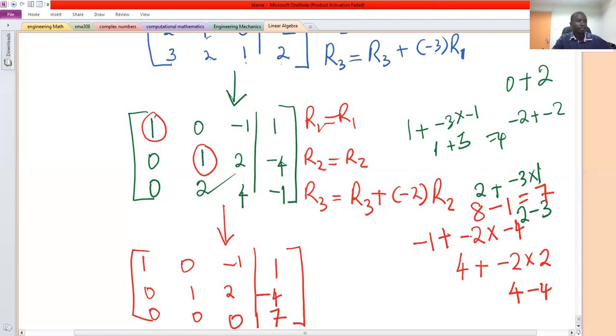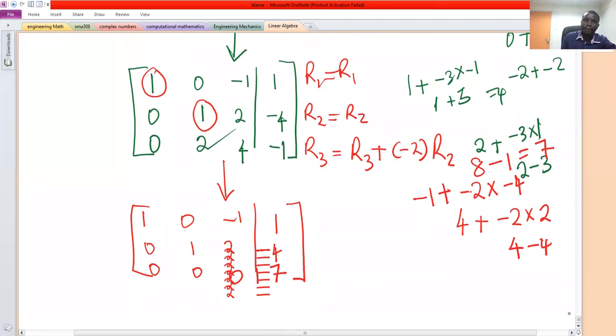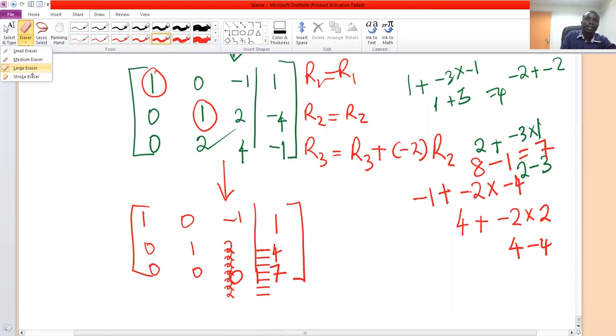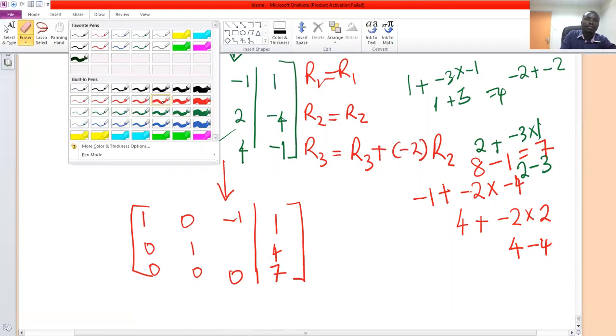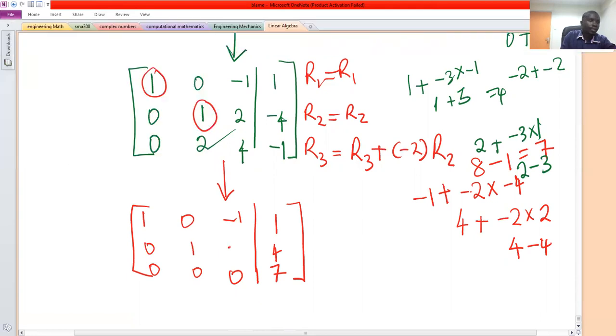Now, because I'm getting a non-zero value in the third row, yet I have all zeros on this side, this is 2, and this minus 4.